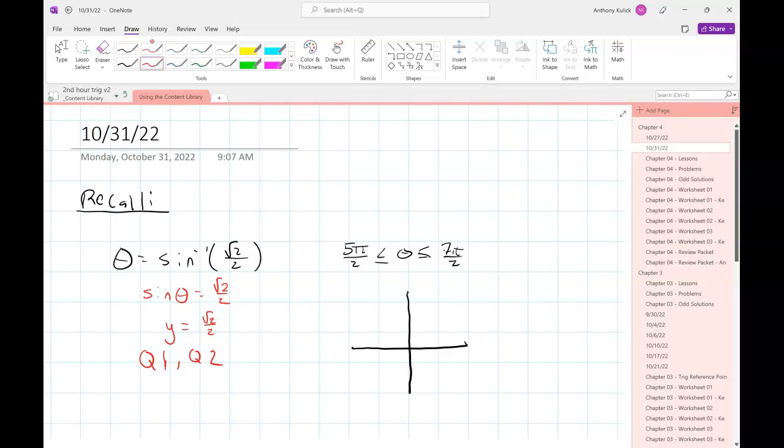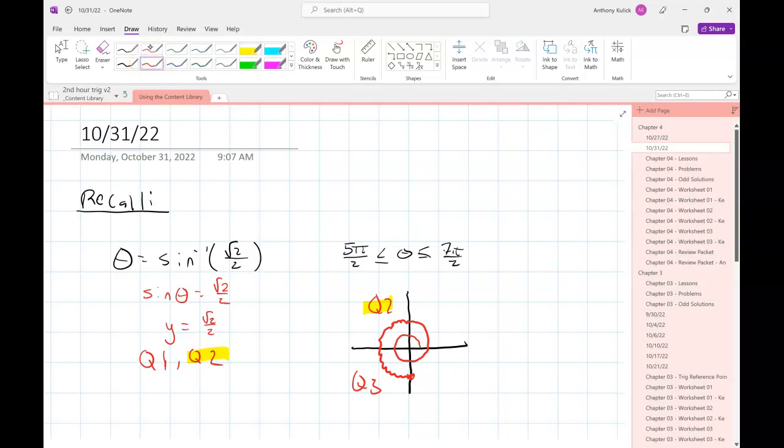Since these are positive angles, we rotate counterclockwise, starting at the positive x-axis. Half a pi, 1 pi, 1.5, 2, 2.5, and then from 2.5 to 3, and then from 3 to 3.5. So this was quadrant 2 and quadrant 3. The answer lies in quadrant 2, because that's true for both. Olivia asks whether the term on the right is 7 pi over 2. Yes.